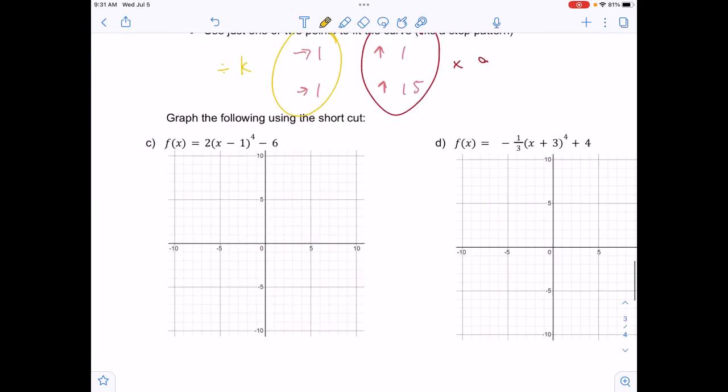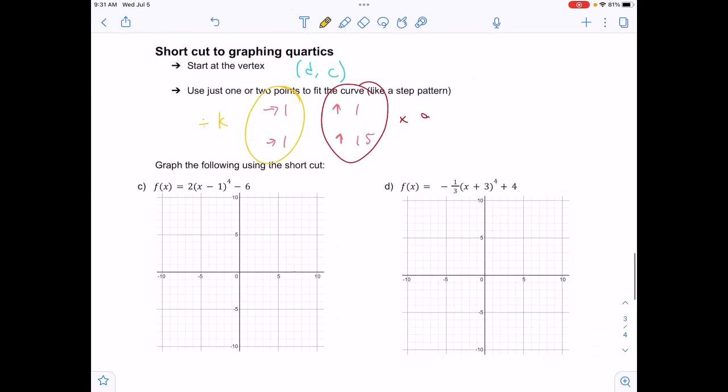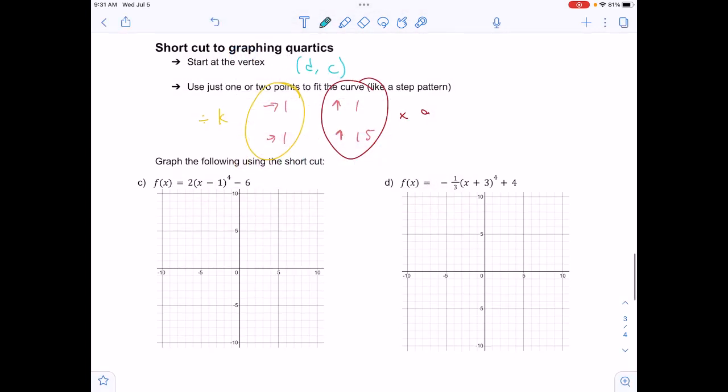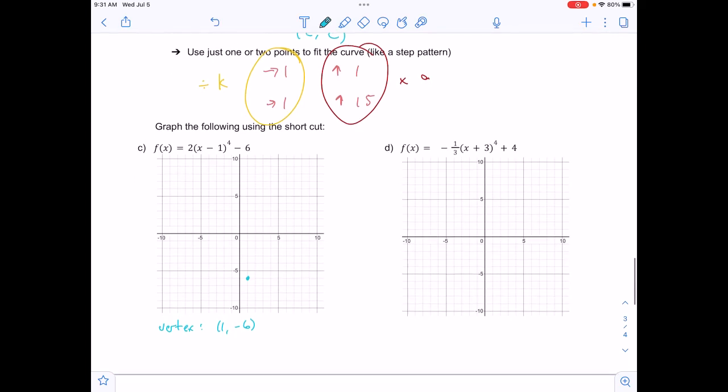I'm going to start with my first one here at my vertex, which is located at (h, k). So my vertex is at 1, -6. Right down here. Good. And now I'm going to use my step pattern.